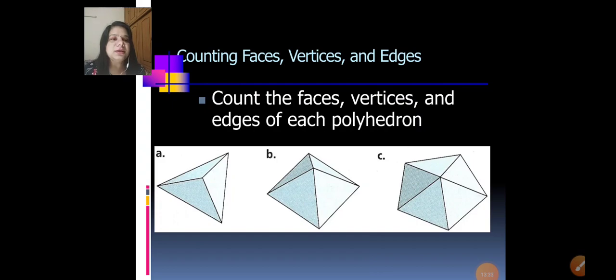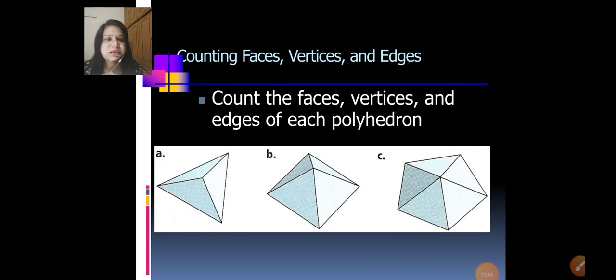In B part, the base is a square. On the 4 sides of the square we have joined 4 triangles. You can see in the figure. So in B part it is a square pyramid. Similarly, you can have a rectangular pyramid as well.